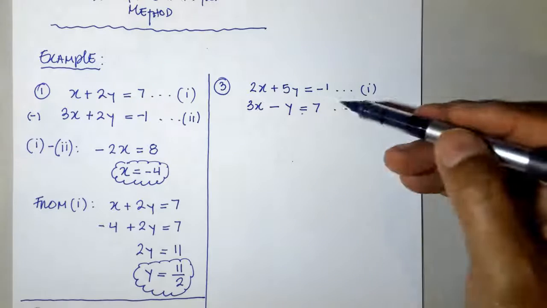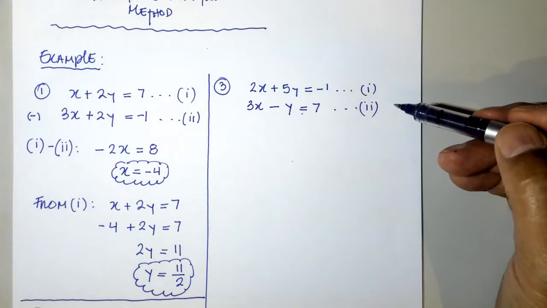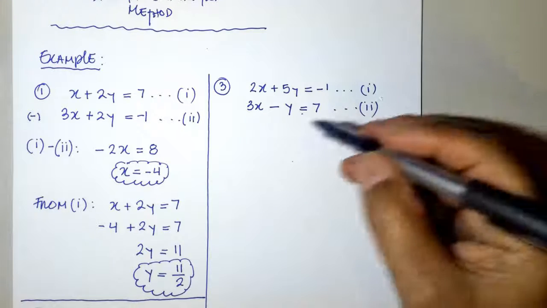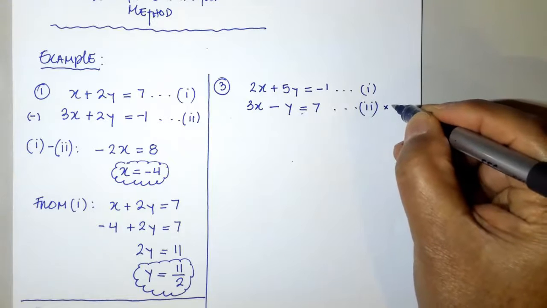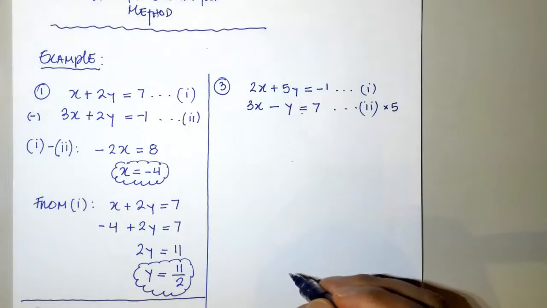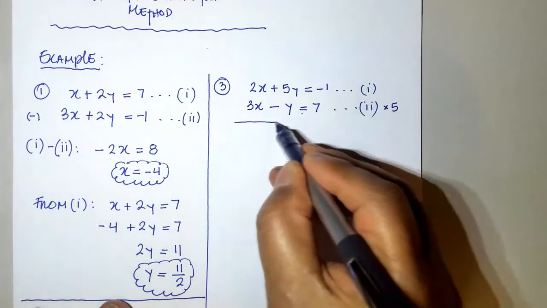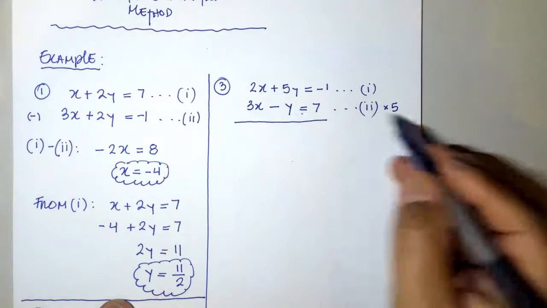We can eliminate the x's, but I think it's easier if we eliminate the y, and later you're going to realize why. So if we are going to eliminate the y, I need to multiply this entire equation by 5. So I'm going to put a line here and multiply this entire equation by 5.